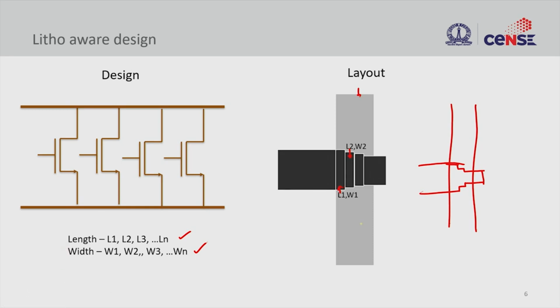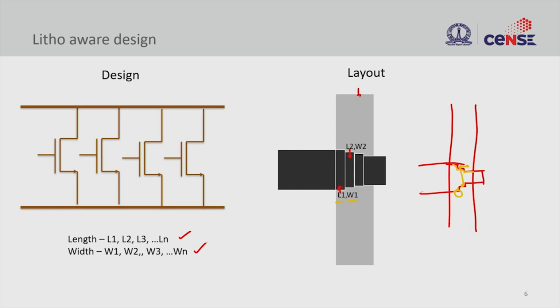So these corners that are actually very sharp are not going to be sharp anymore. It's going to be blunt, right? And now you have a certain width and certain length. And now your effective length and width is going to be very different, right?